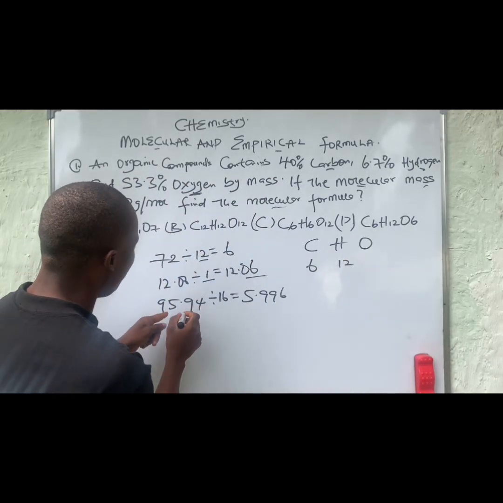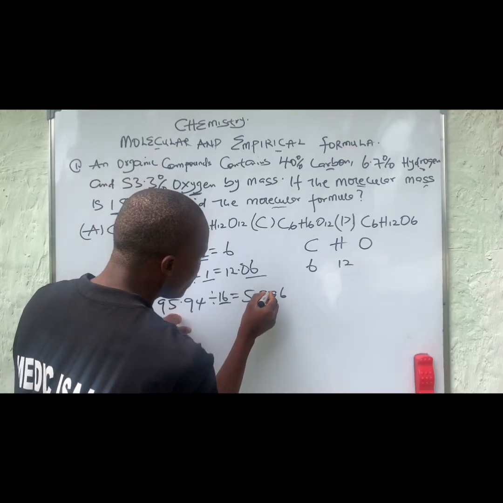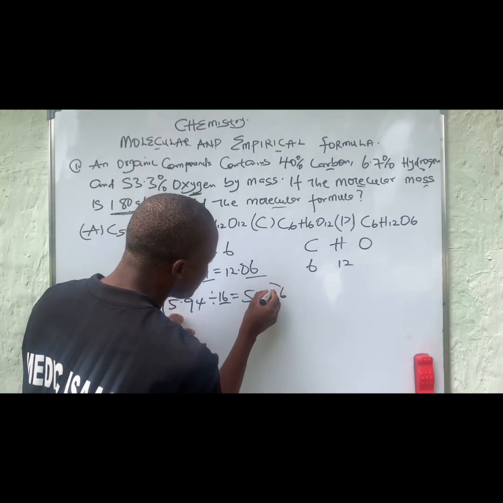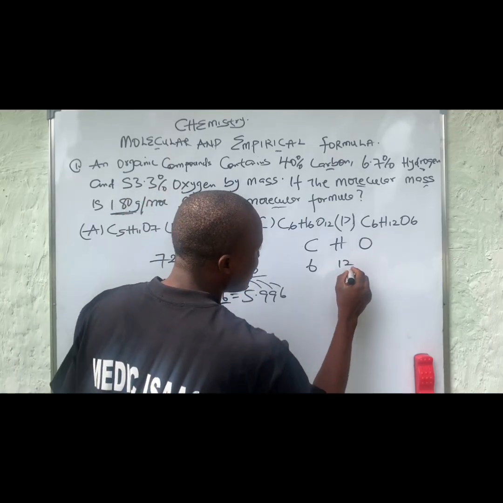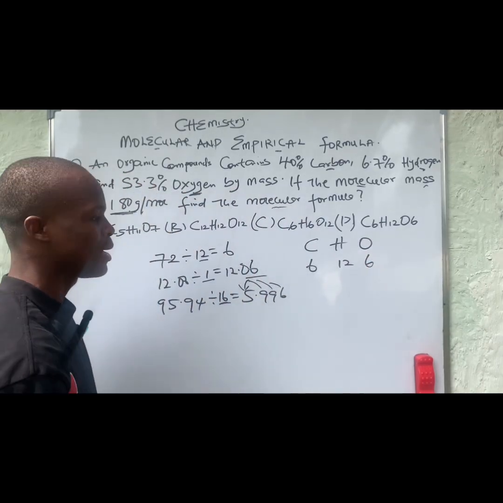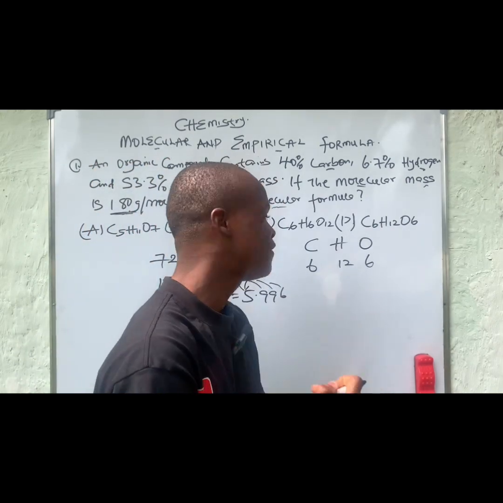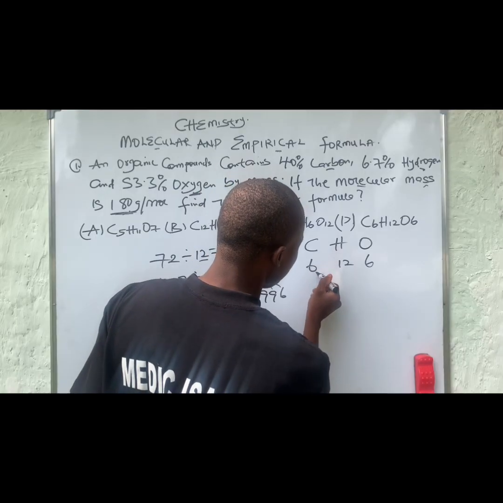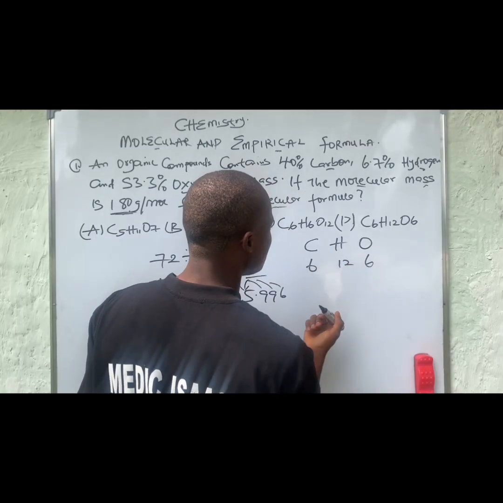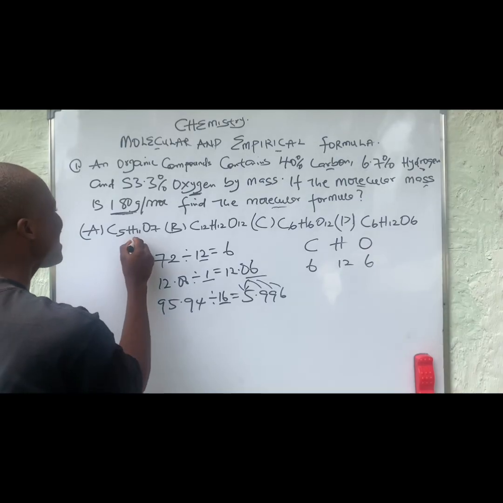Oxygen is 5.996, so you approximate it, and it will be 6. Have you seen it? It's very simple. It has been simplified. So your answer now is C6H12O6. If you check the options, C5H11O7 is out.